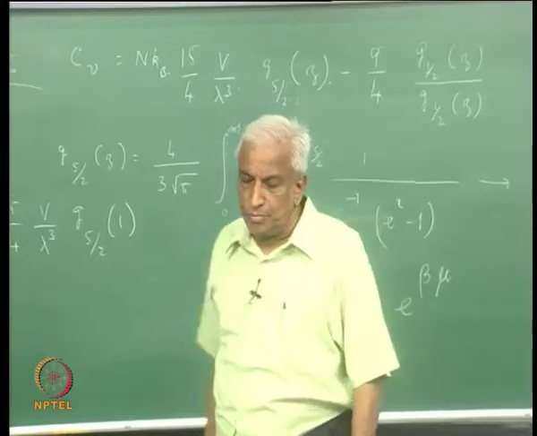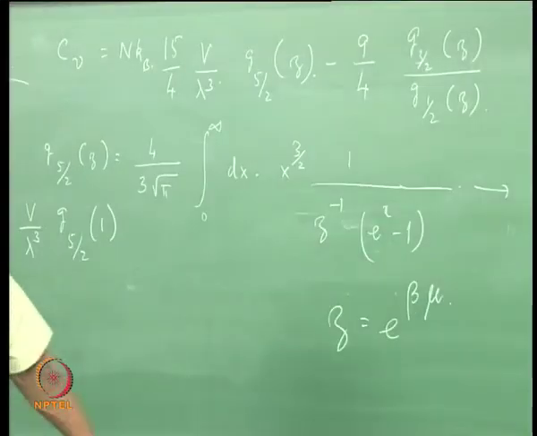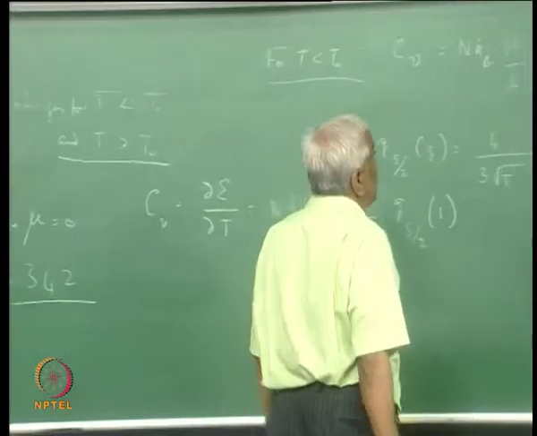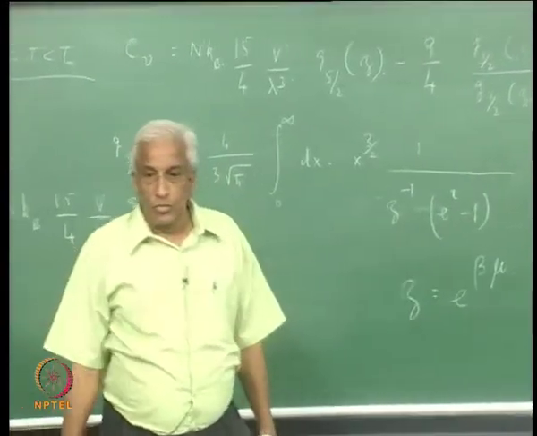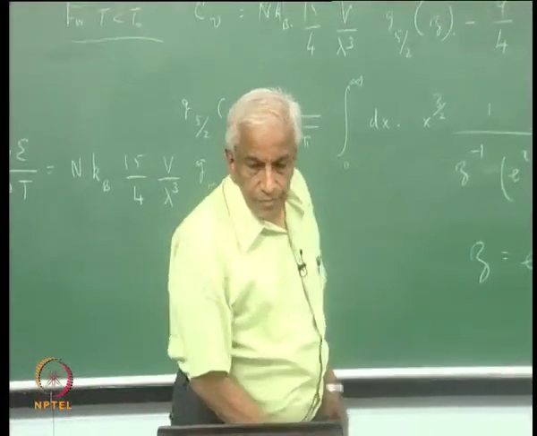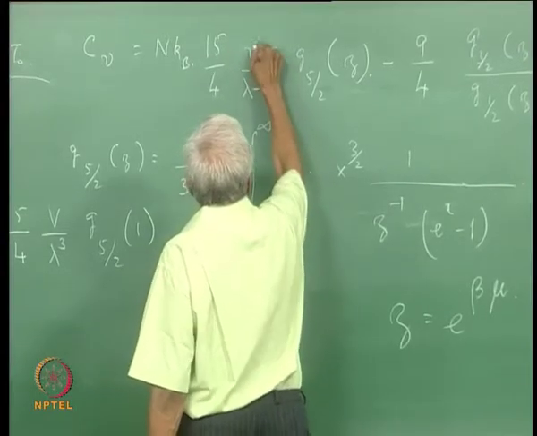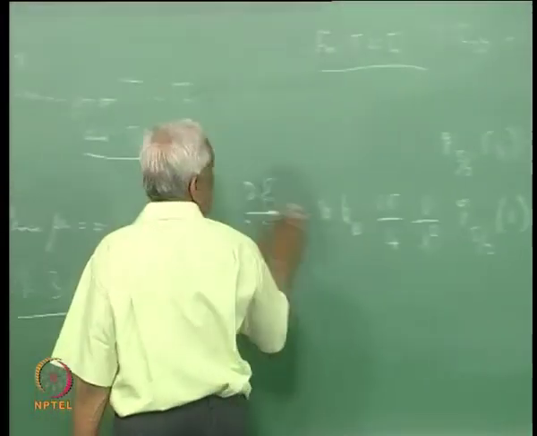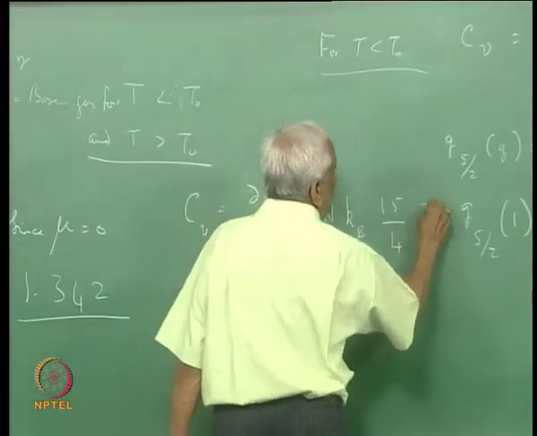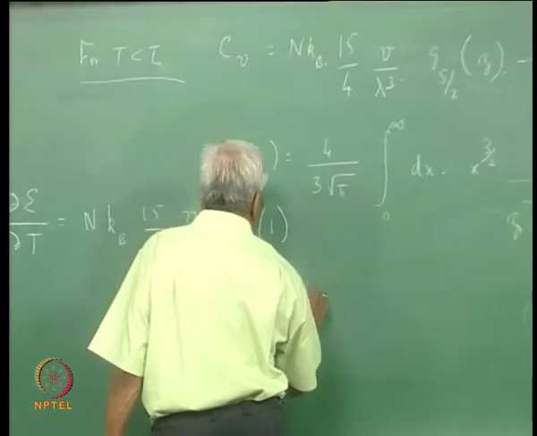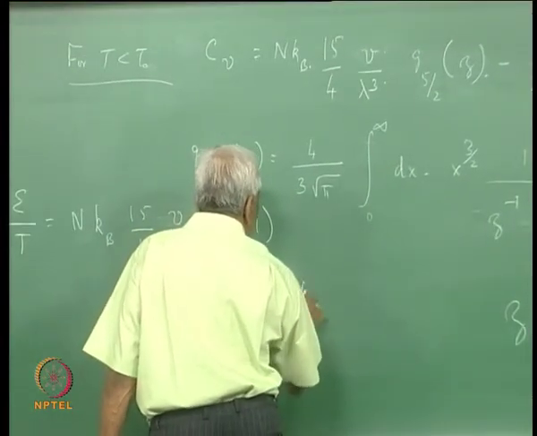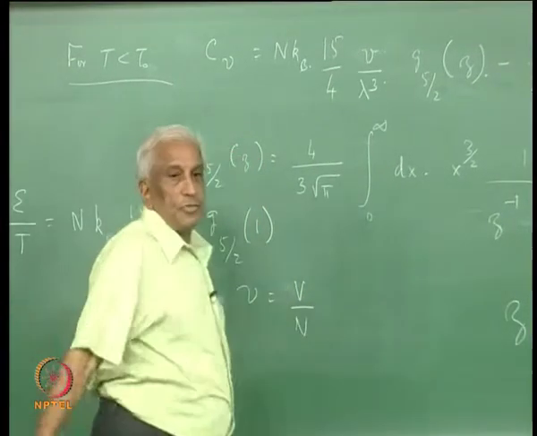This is got by simple differentiation of the expression for the total energy. So, this is how we obtain the specific heat, and we can write small v in both cases, where v is V by N, the specific volume.